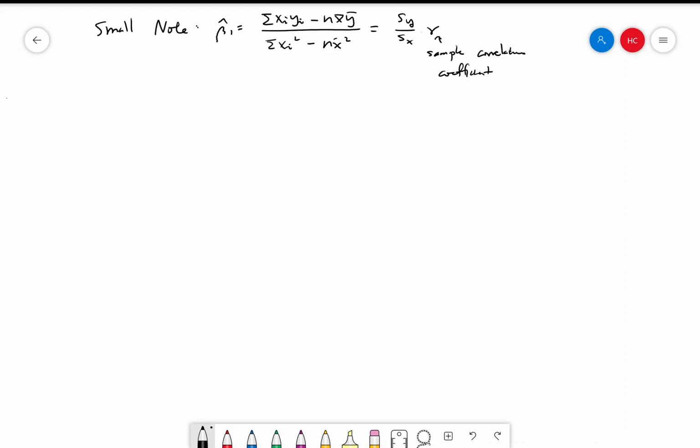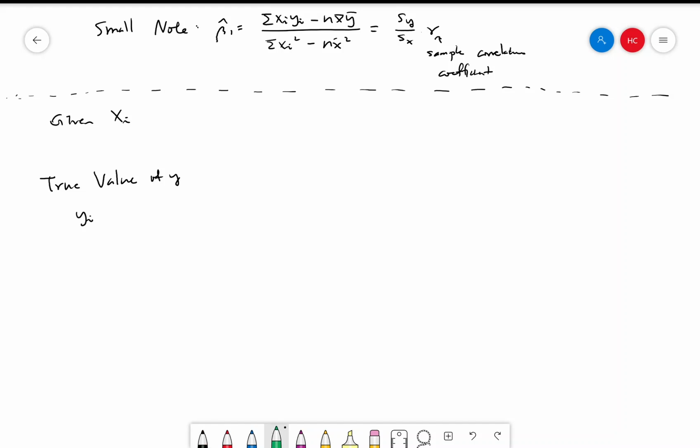Okay. And another note is a little longer. So now suppose you are given xi, then the true value of y is yi. And we have provided a prediction for y.